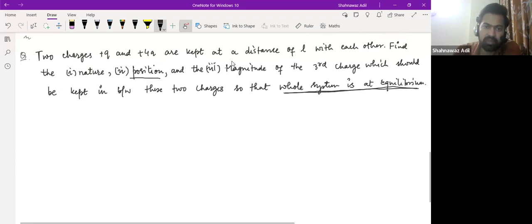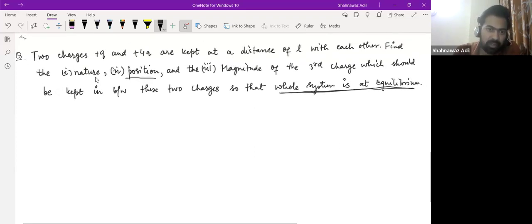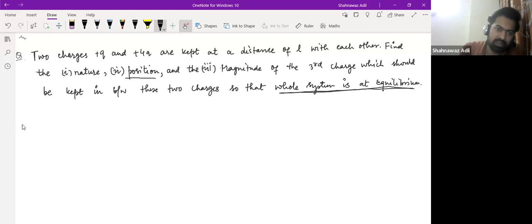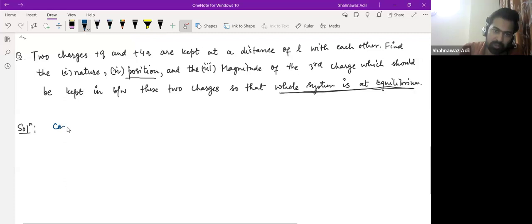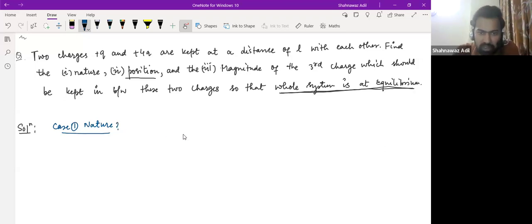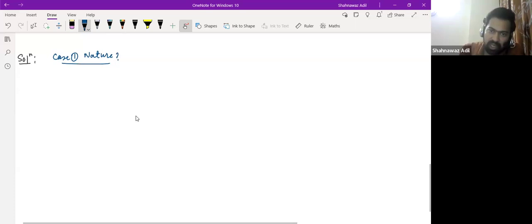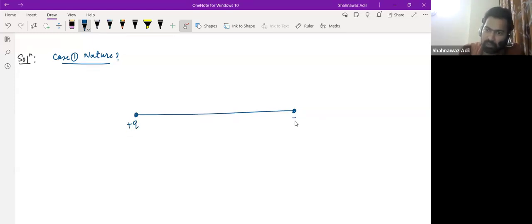So let's first make a diagram, and let's talk about the nature. So case first is nature. So we have two charges, and this is Q, and this is plus 4Q.